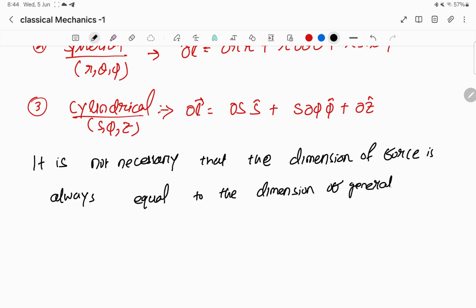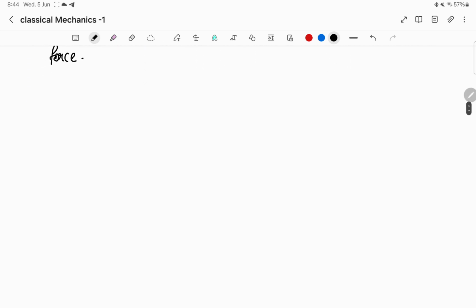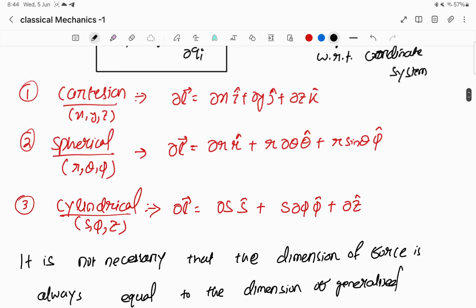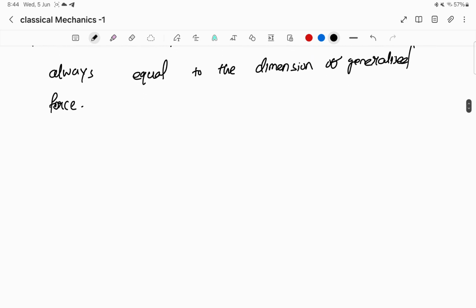Okay, remember this. This is about your generalized force. We have studied the generalized force, generalized coordinates and generalized velocity.